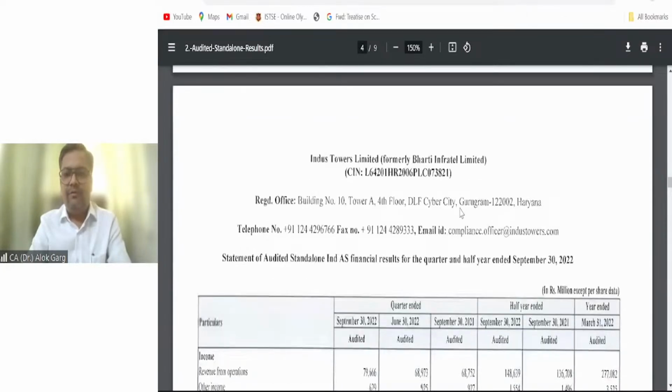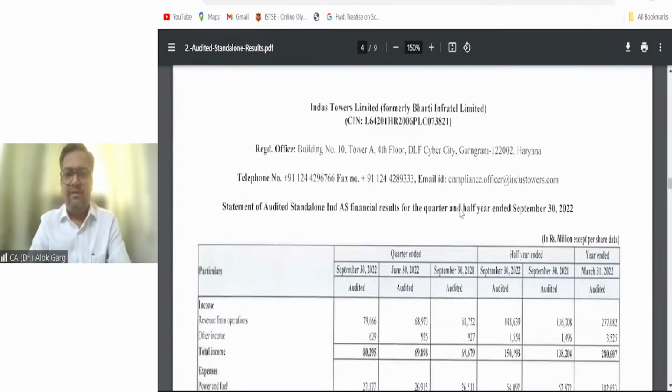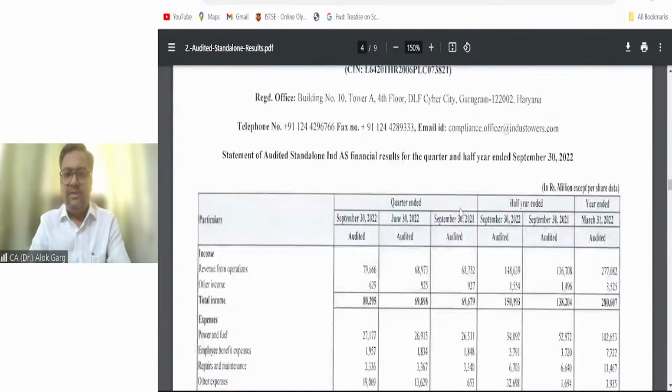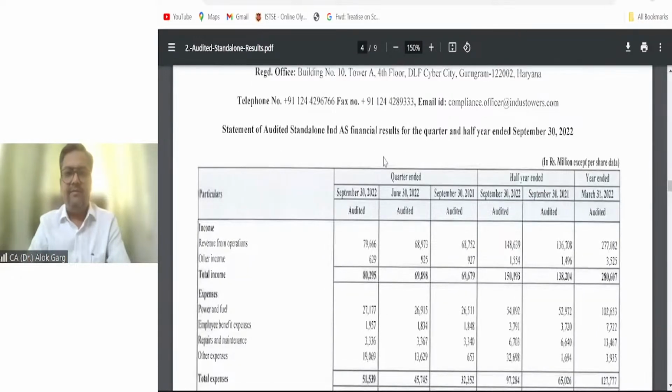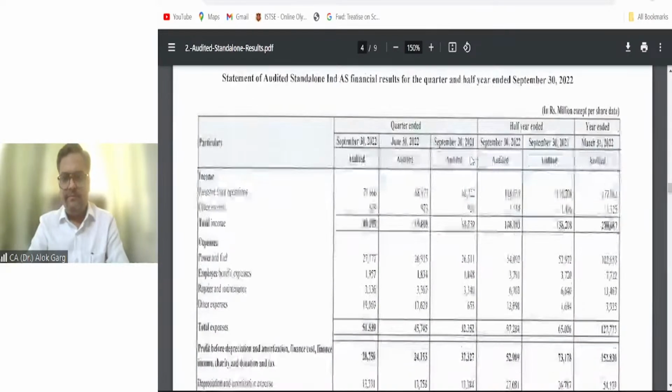This I have downloaded from the website. Indus Towers Limited. This is results for the quarter and half year ended. You can see that they have used the words statement of audited standalone Ind AS financial results for the quarter and half year ended 30th September 2022.